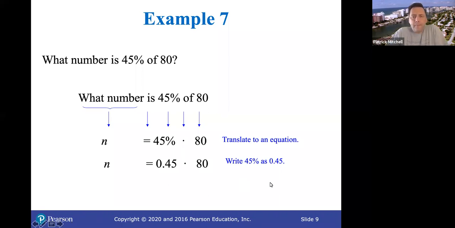So now it says n equals 45 hundredths times 80. You just do that multiplication, and you find that n is 36. So the number that is 45% of 80 is 36.